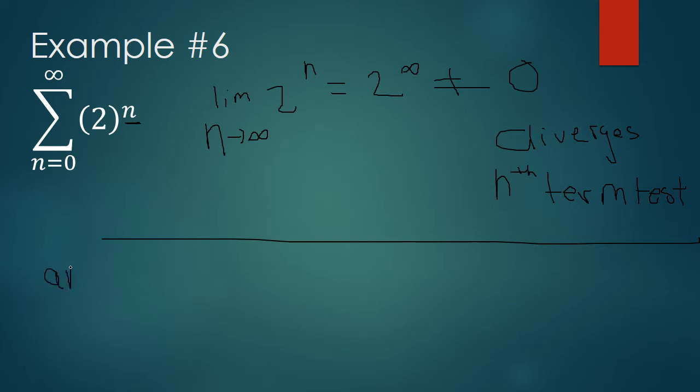So this looks like A R to the nth power to me, which makes this a geometric series. For the geometric test, we look at the R. The base of the exponent is 2. 2 is greater than 1. Therefore, by the geometric test, this series diverges. I get the same result either way.